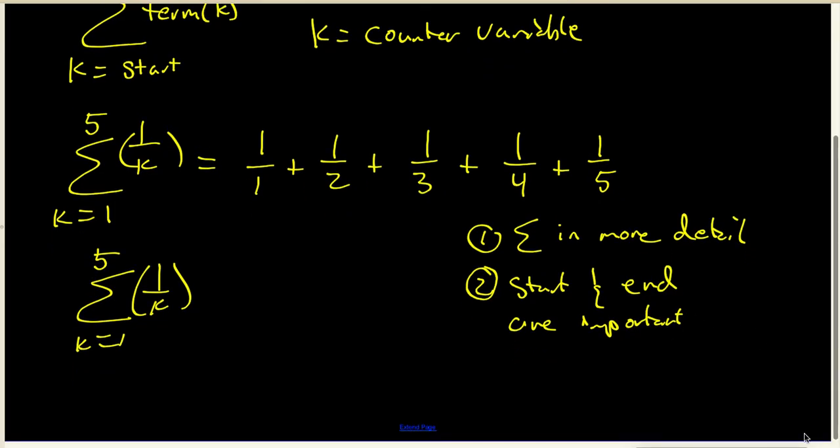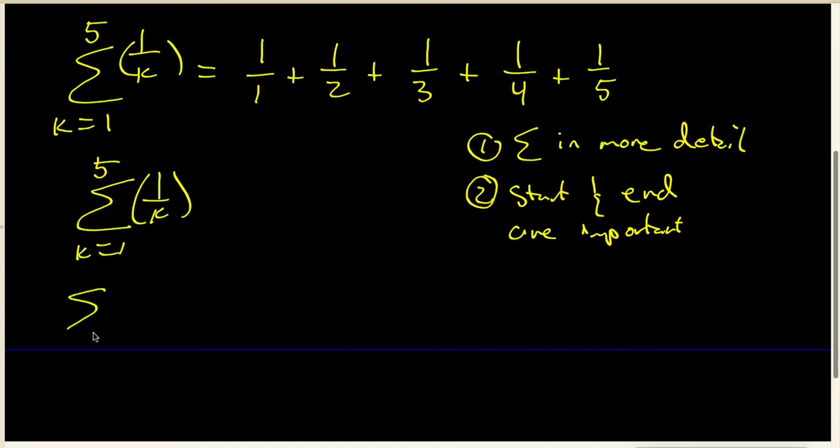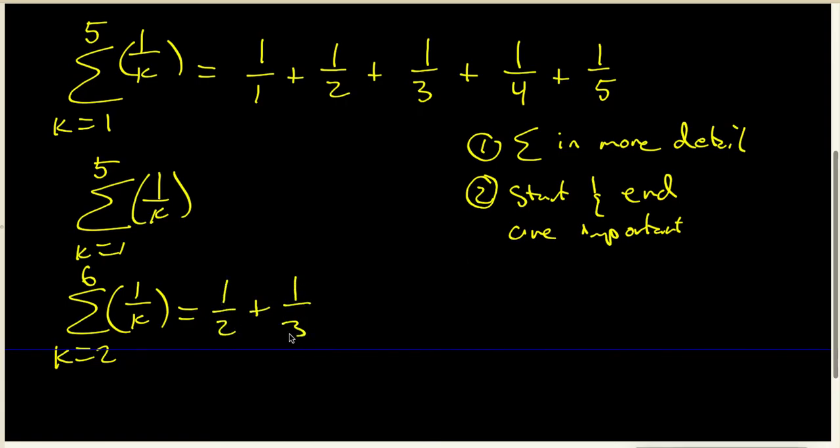And I'm going to do that with just a basic example. I'm going to look at the sum as k goes from 2 to 6 of 1 over k. We have the same term, but our start and ending values are different. This one is going to start with 1 over 2, and then we have 1 over 3, and 1 over 4, and 1 over 5, and we stop after we get 1 over 6.